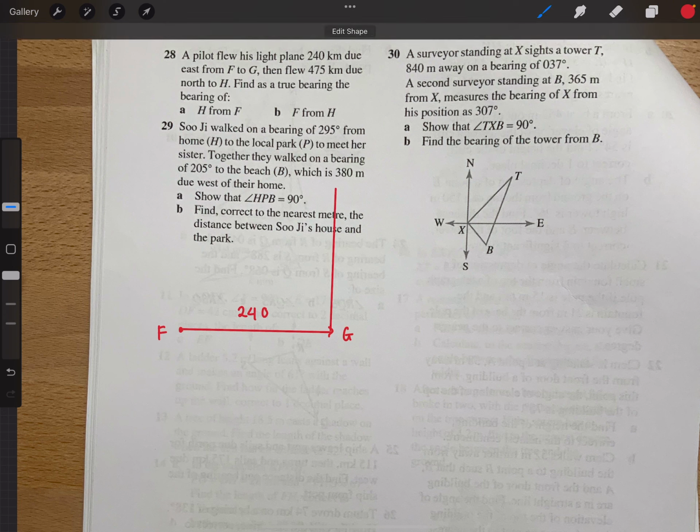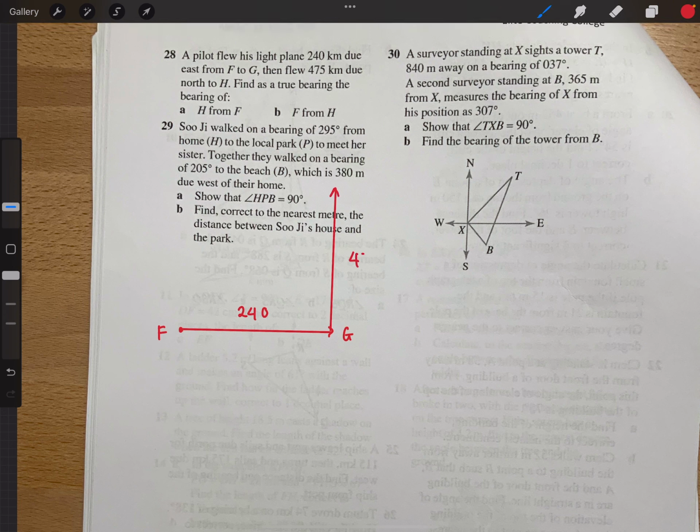Actually it's a bit longer, like this. 475 kilometers due north to H, to this point H.